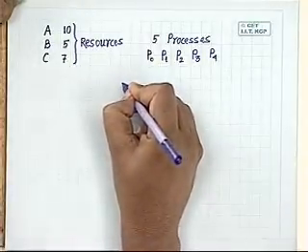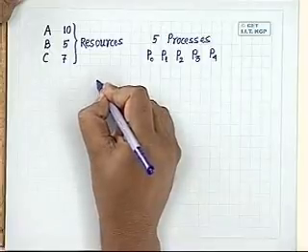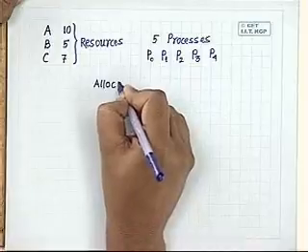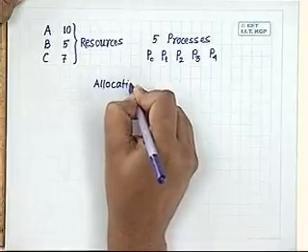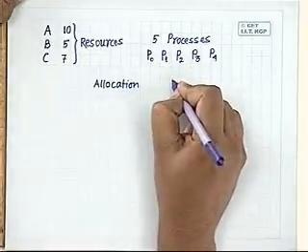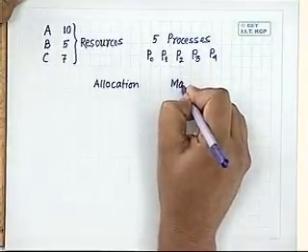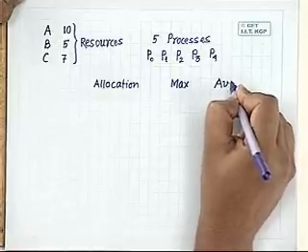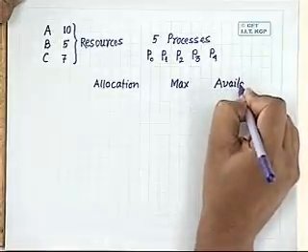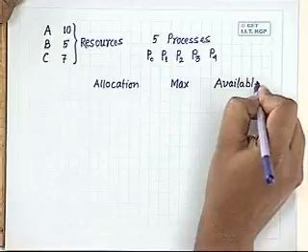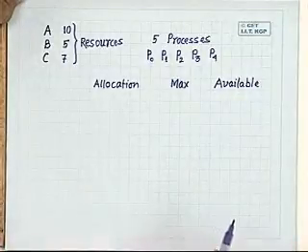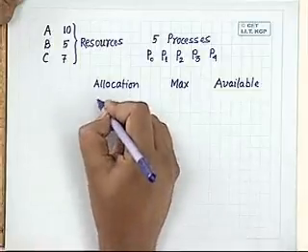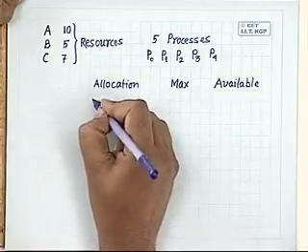Suppose I have allocation, max, and here I put available. Because there are three resource types A, B, and C, let us have different columns for different resource types.